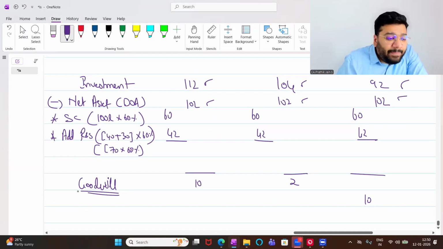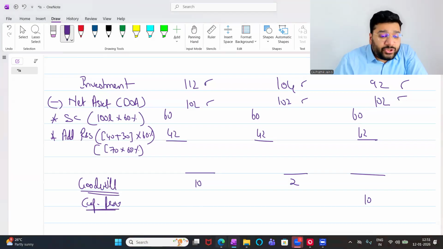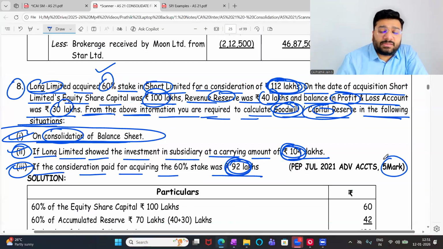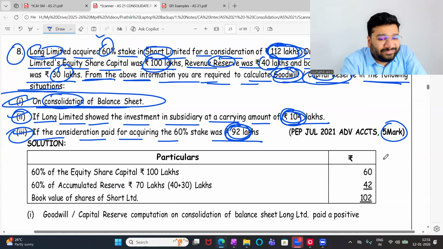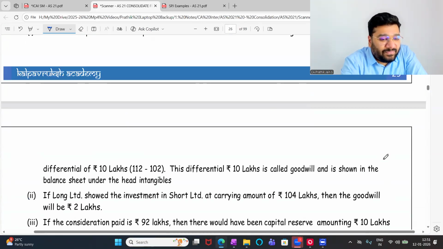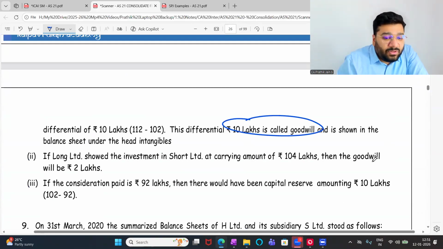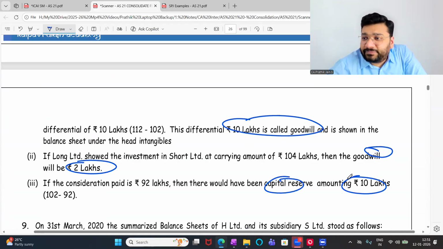This is capital reserve. Any big difficulty? This was an exam question for 5 marks. So goodwill of 10 lakh in the first case, goodwill of 2 lakh in the second case, and capital reserve of 10 lakh in the third case.